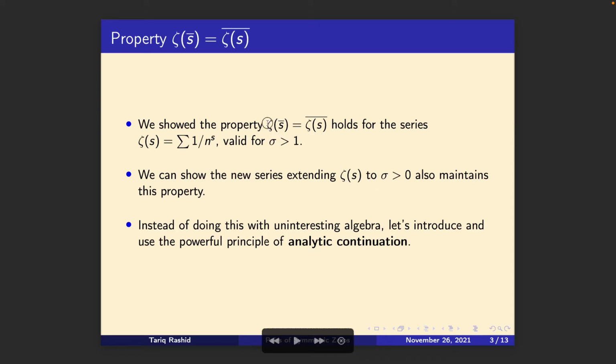Now we could show that this property also holds in this slightly expanded domain, sigma more than 0, and we could do the boring algebra to do that, and we would show and prove that it is valid in this slightly larger domain for that new extended series. We could do that, but actually we're not today.